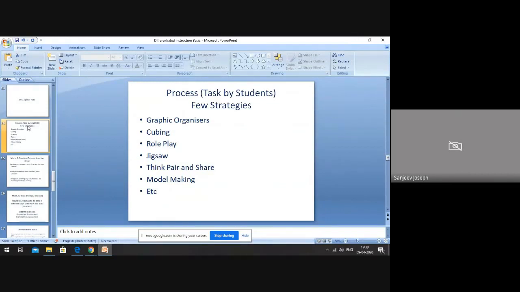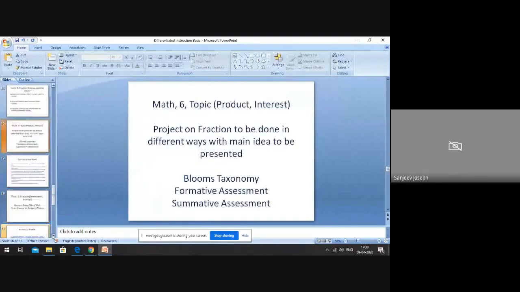As we do differentiated instruction, knowingly or unknowingly, many of these are things which we already do for the children. I take another topic, math, for class 6th.